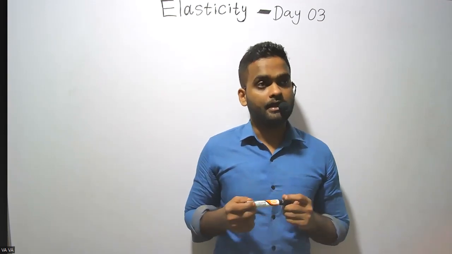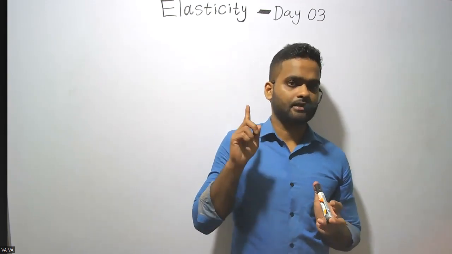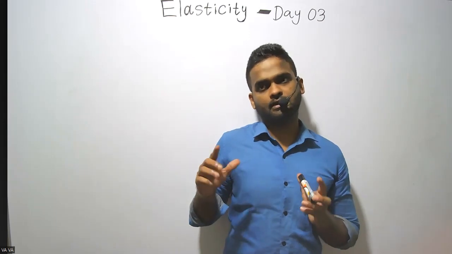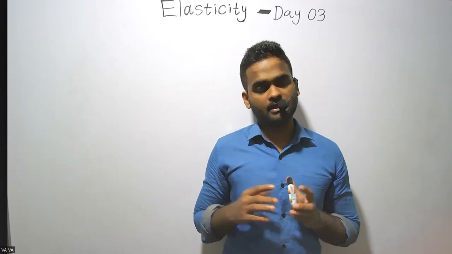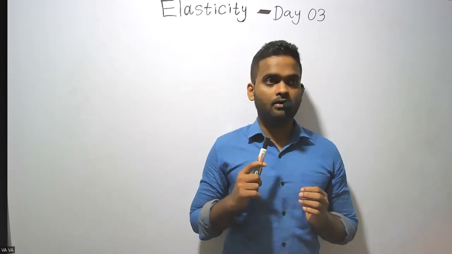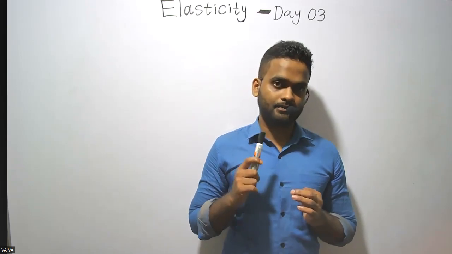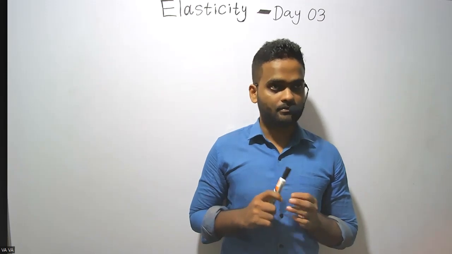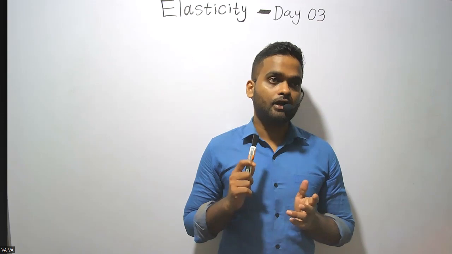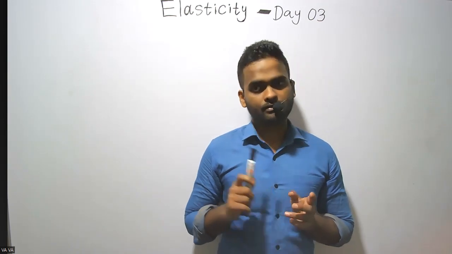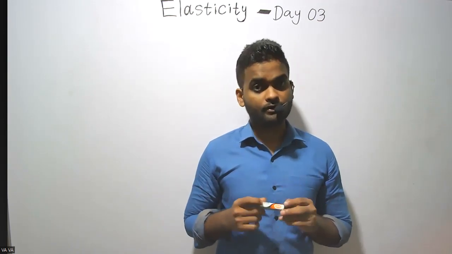Right, so this is one part of properties of matter. Further, there are two parts. One is viscosity, the other one is surface tension. Those two parts are also very important, right? So you would get an essay question from one of those three.